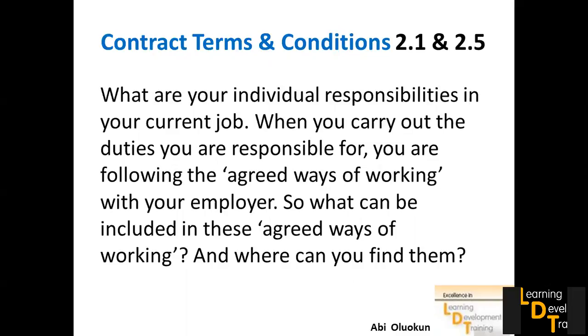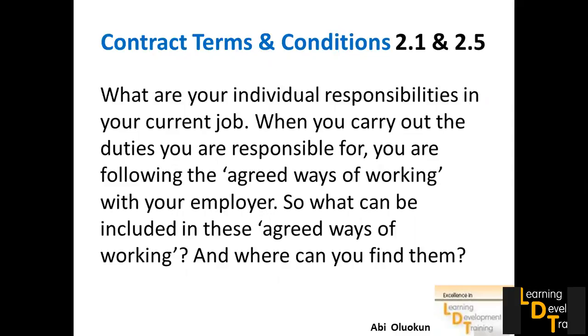When you were employed, what responsibilities were you given? When you carry out the duties you are responsible for, you are following the agreed ways of working with your employer. So I assume that you would have received a job description that details exactly what is expected from you. This is what will be included in your agreed ways of working.